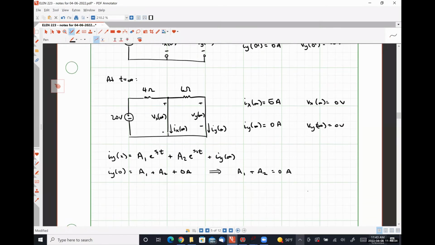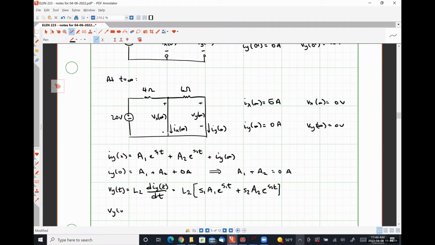So we know that Vy of t is L2 d Iy by dt, or L2 times S1 A1 e to the S1t plus S2 A2 e to the S2t.